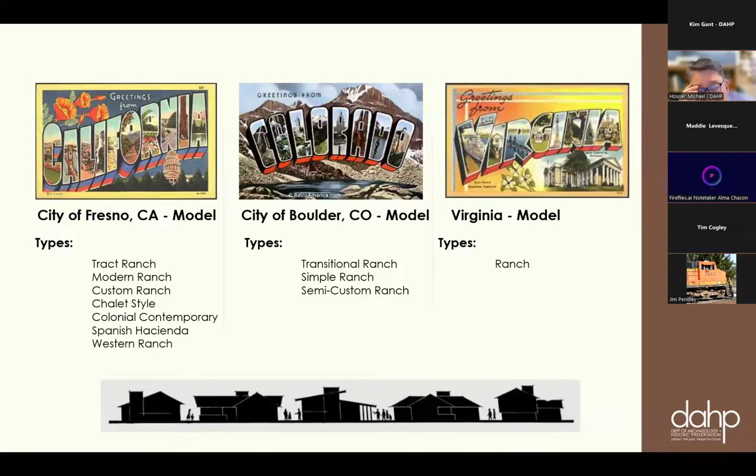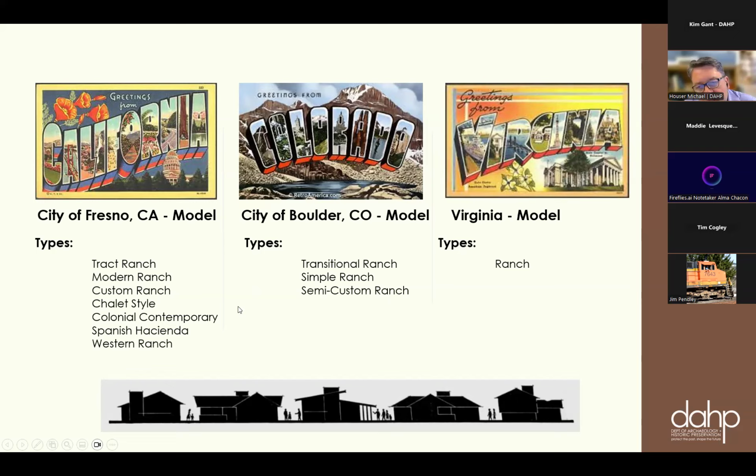And I started looking around the country as to what other jurisdictions are doing. And boy, it's all over the place. Some people just have ranch, like we do. Some talk about little sub styles of ranches. Here's more of a typology style in Fresno.